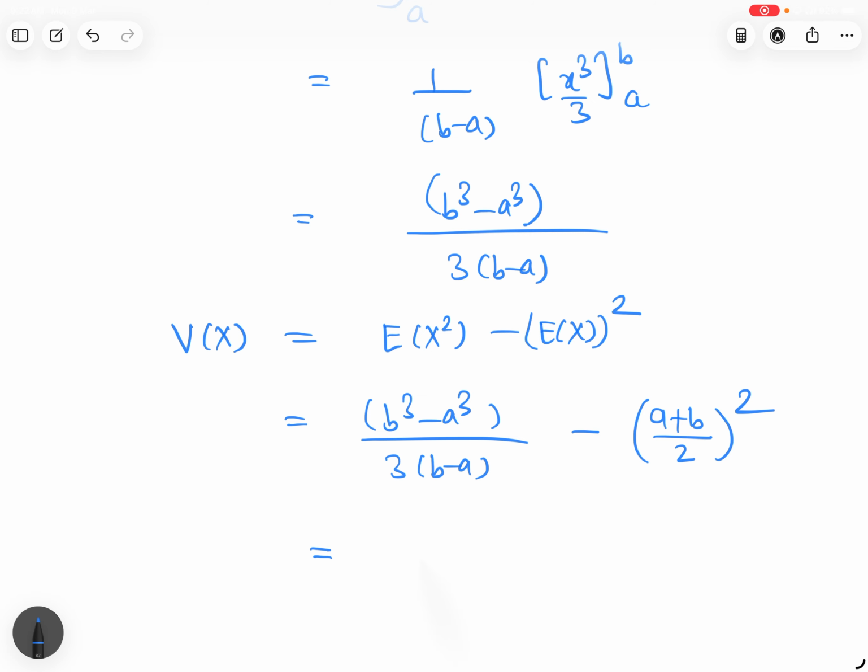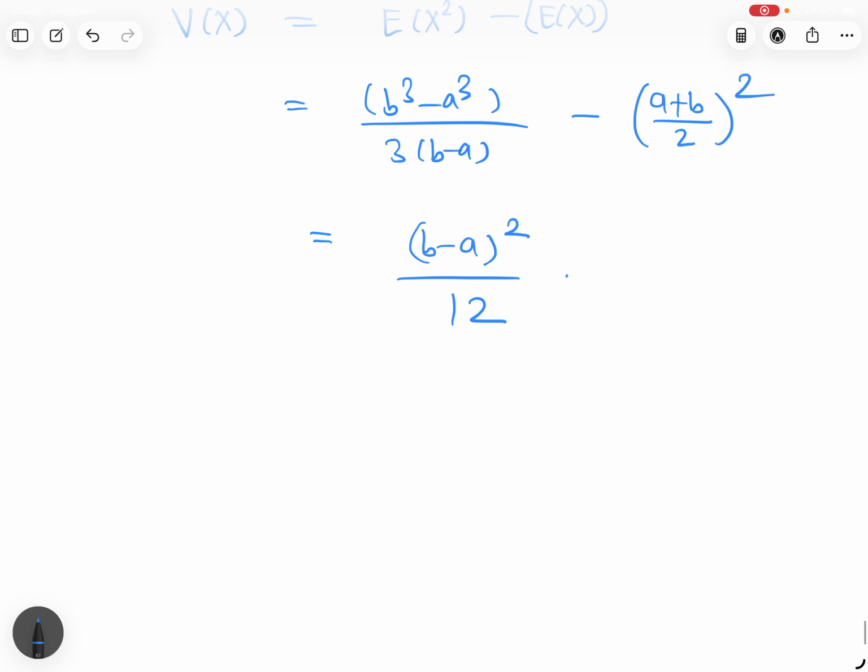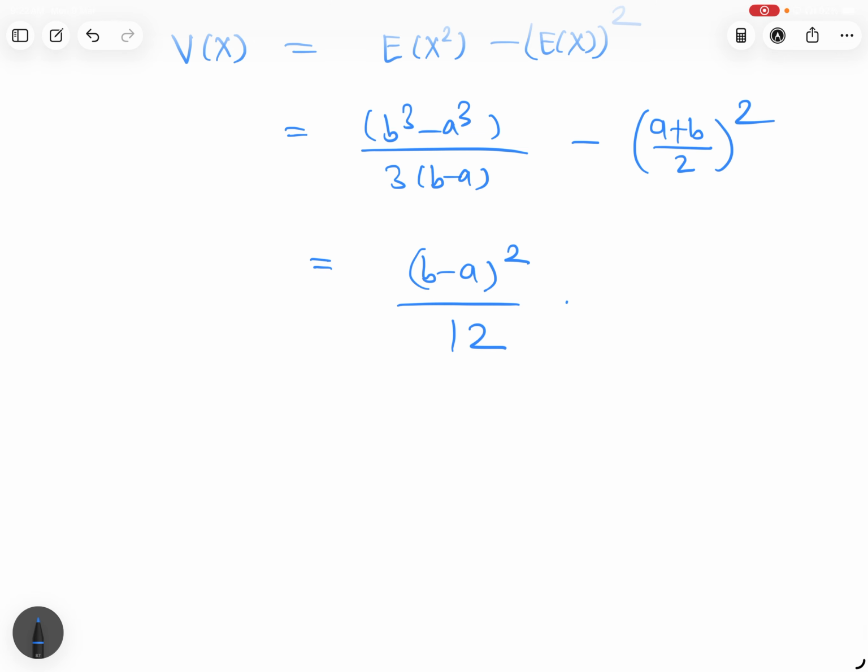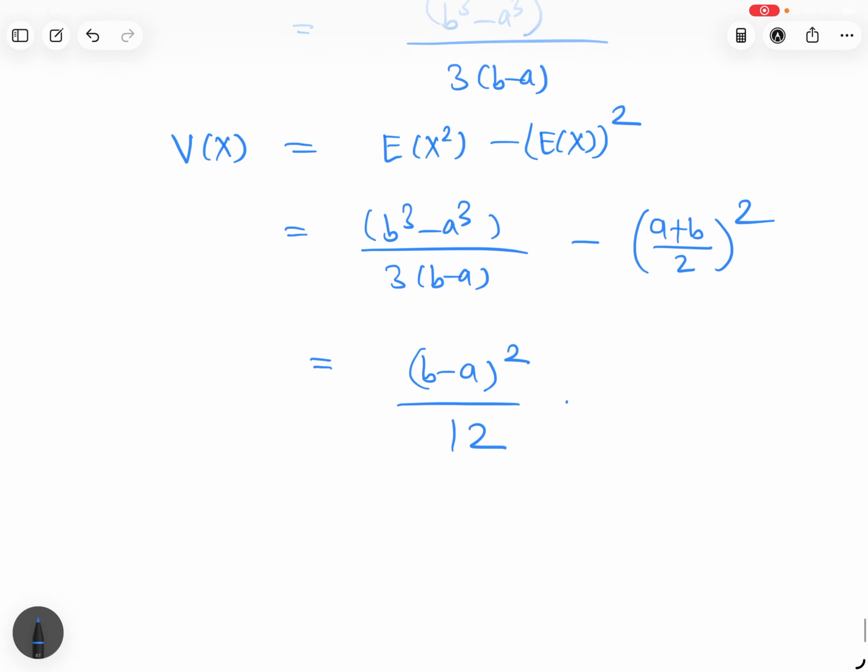After solving it, you will get (b minus a) square by 12. You can check it. Note it, please.